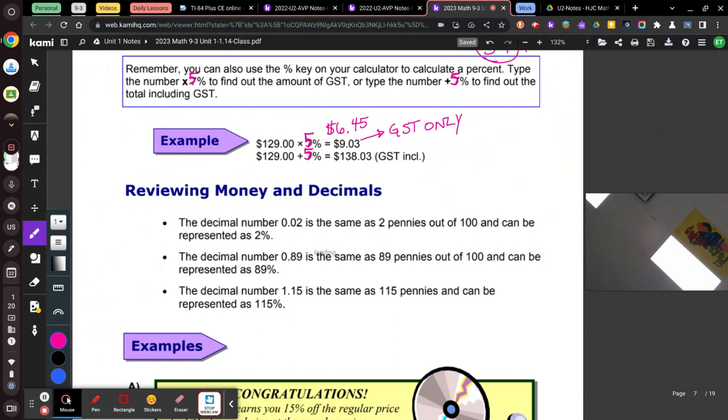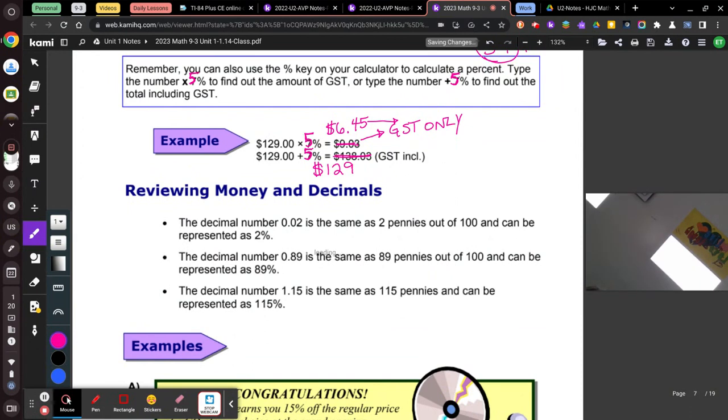Okay, now we're going to get it to add it to it by itself. So that's not the total. That's the other one. So this is our GST only. So now what we're going to do is we're going to go add 5%. So we're going to go 129 plus second comma plus 5 second comma percent. And we're going to get 129. Hang on.